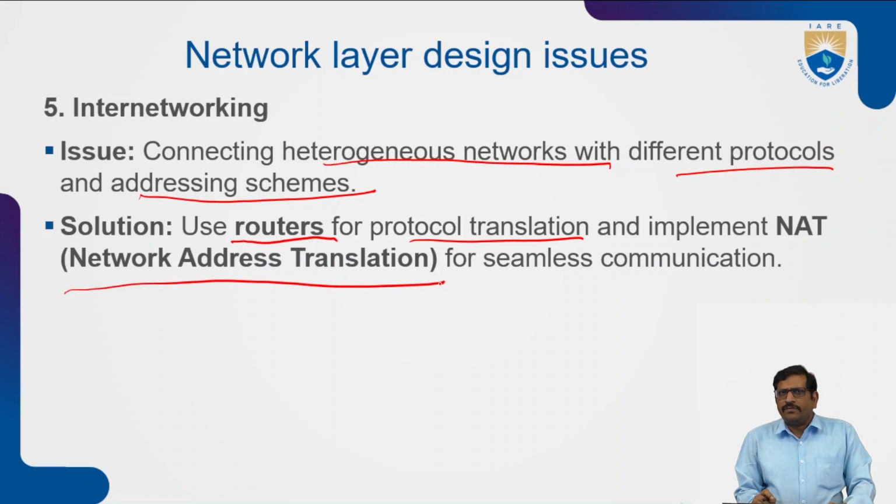Over the routers, the packets can be transferred without disturbing communications. Based on the network address, the data packets can be transferred to the particular network and the particular host working on it, using routers for protocol translations and implementing network address translation, that is, NAT.